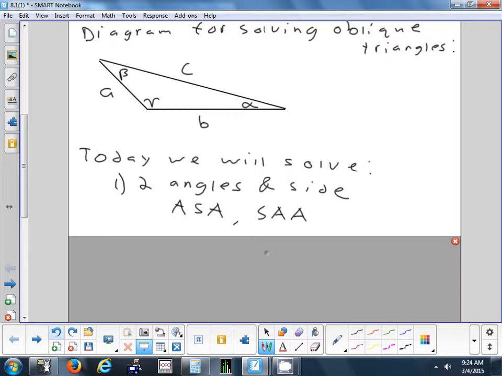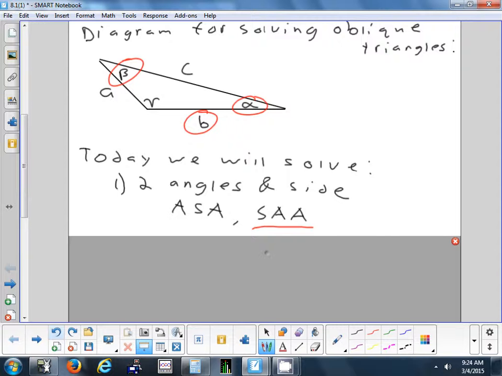Next is side, angle, angle. That's where you know a side, an angle, and an angle, but this time the side that you know is not the side that's between the 2 angles. So I could give you alpha, beta, and B, or I could give you alpha, beta, and A. That would still be side, angle, angle.